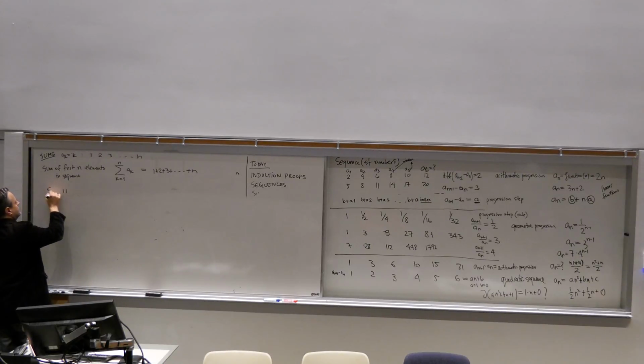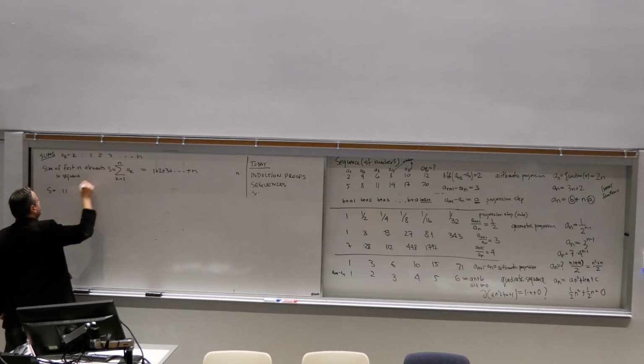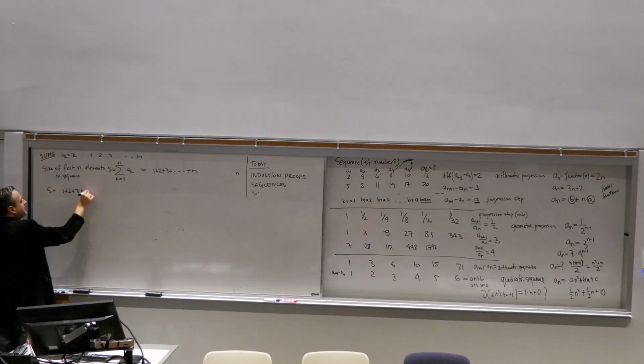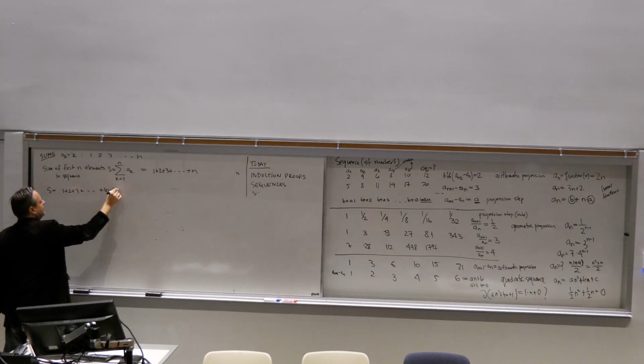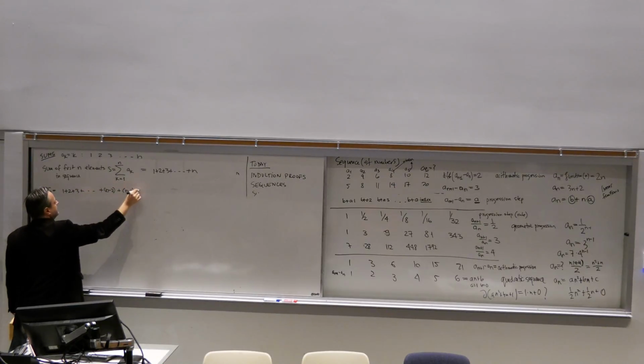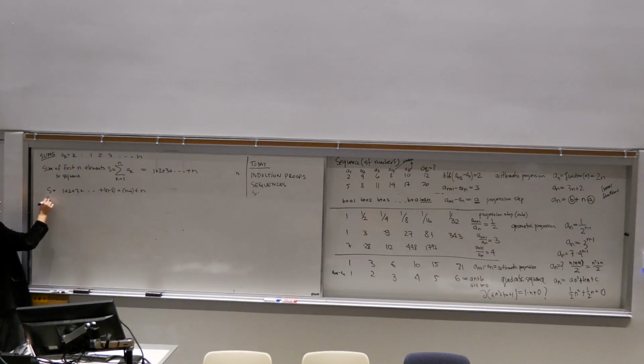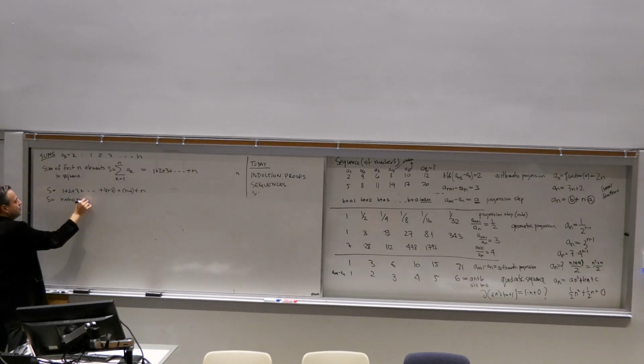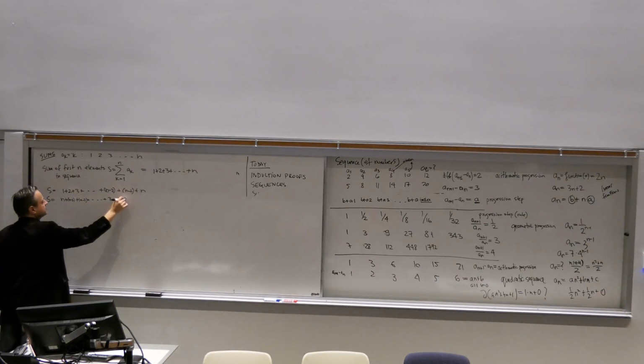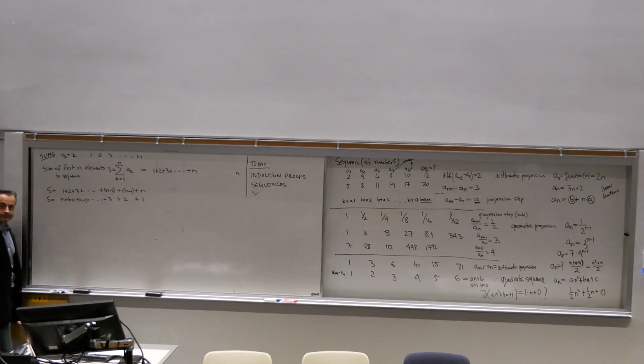I write my sum here as 1 plus 2 plus 3 plus n minus 2 plus n minus 1 plus n. I write the same sum in reverse. N plus n minus 1 plus n minus 2 plus 3 plus 2 plus 1. I now sum it up part by part.